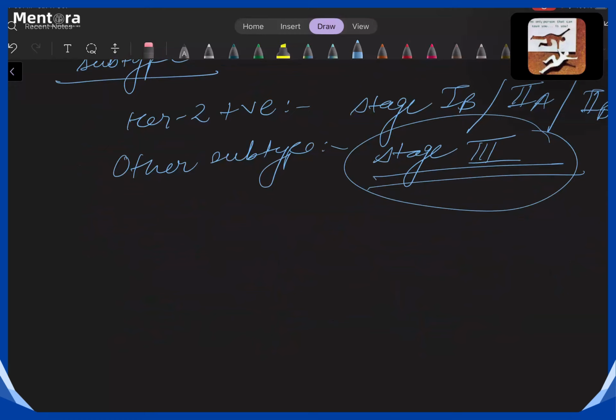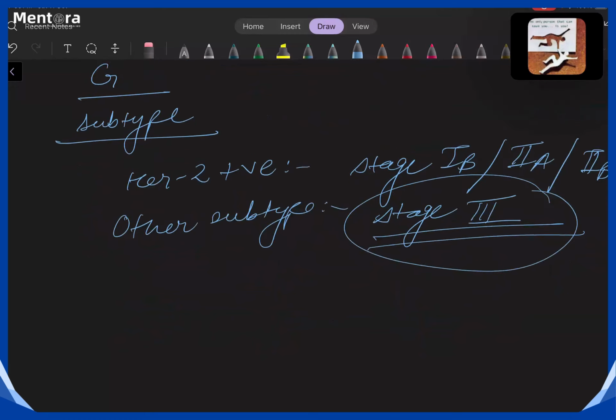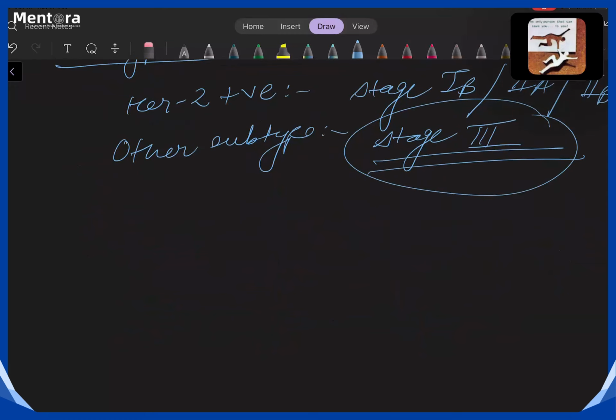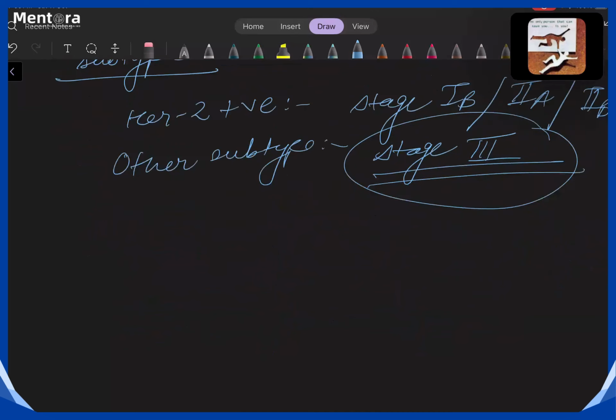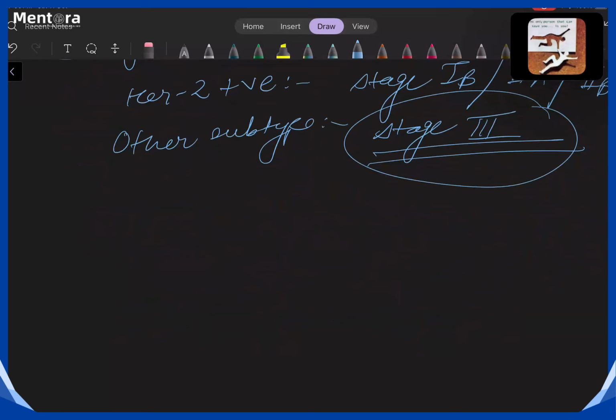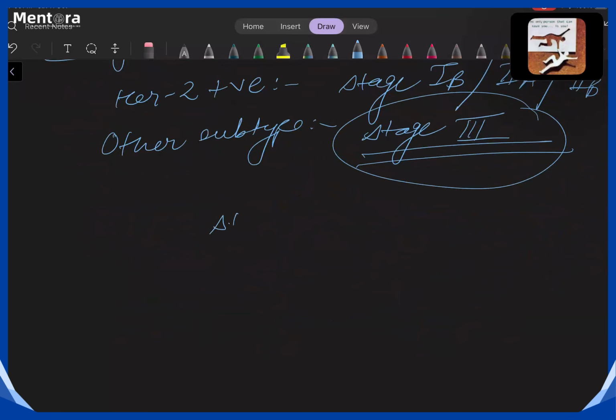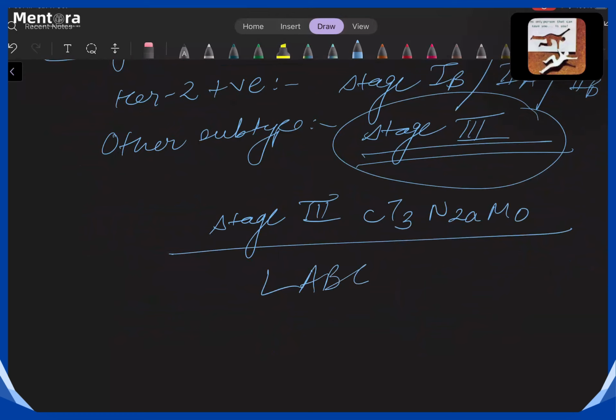Because the TNM staging along with grade and the receptor status is quite difficult to learn. So just remember, if it is an N2 disease, consider it to be a stage 3 disease. So a stage 3 CT3N2AM0 would be a locally advanced breast carcinoma.